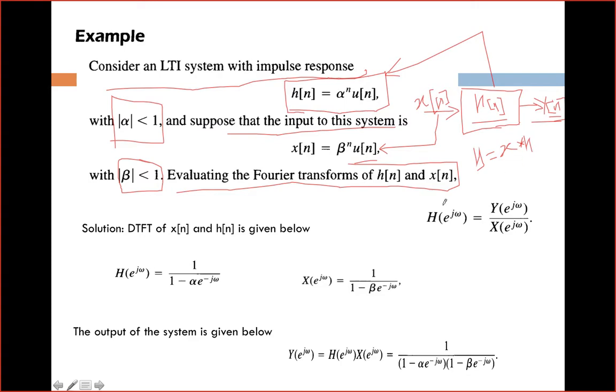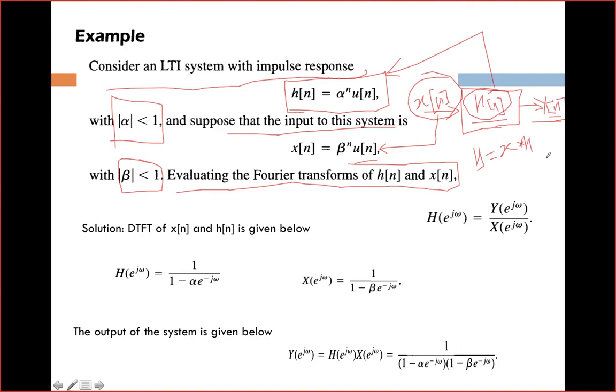Hence, we are going to take the DTFT of x of n and the DTFT of h of n, multiply them, and later take the inverse DTFT to produce the output.